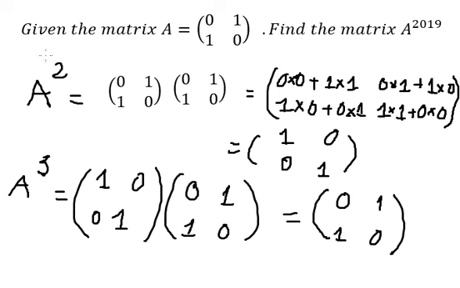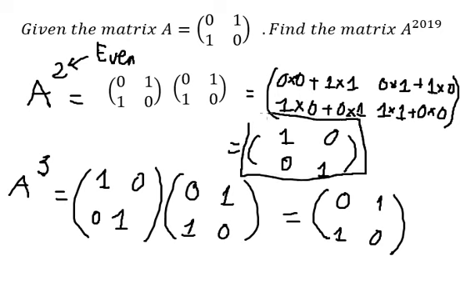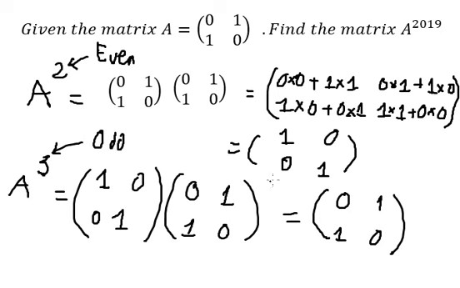That means with the power 2, this is even, you got like this. If this one is odd, you got the same as the matrix A. So this one we have 2019.